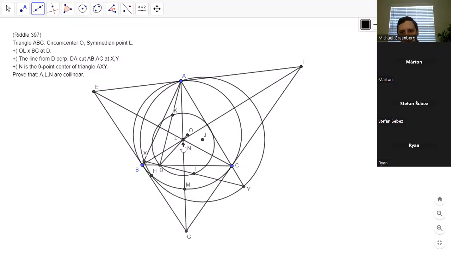Suppose that, H is already taken, so J prime is the orthocenter of AXY. We want to show that J and J prime are the same distance from AG. Okay, so we want to draw the orthocenter of AXY. Let me think about that. I'll just draw it like this.